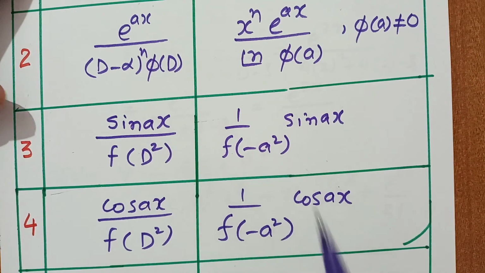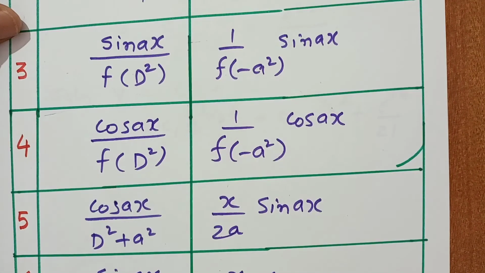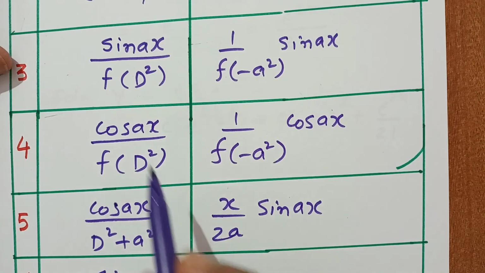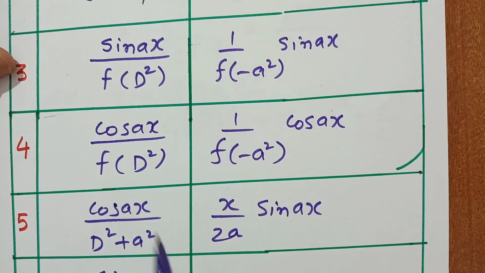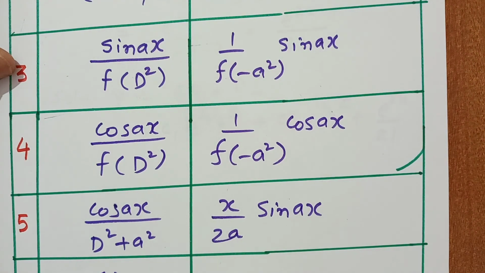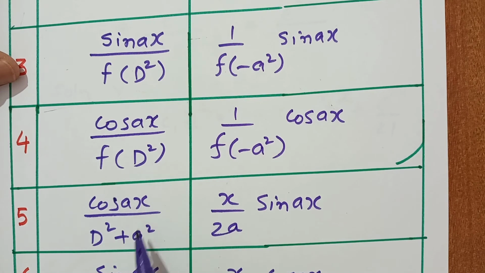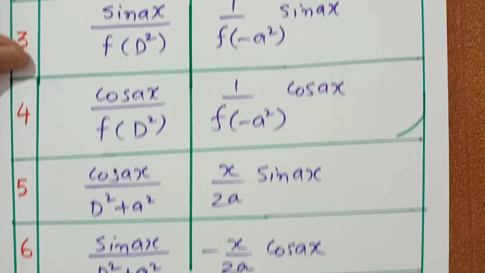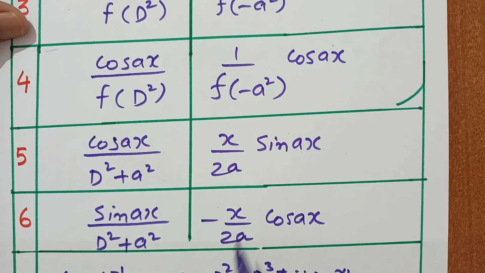But when D squared plus a squared, that is when f(-a squared) is equal to 0, this case fails. So here cos ax upon D squared plus a squared is equal to x upon 2a sin ax, and sin ax upon D squared plus a squared is equal to minus x upon 2a cos ax.